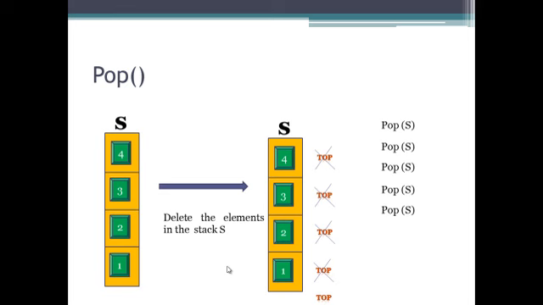At this point, if there is a call for pop, you cannot really do any deletion in the empty stack. So it should alert with an error message that stack underflow. So pop has to handle the underflow situation.